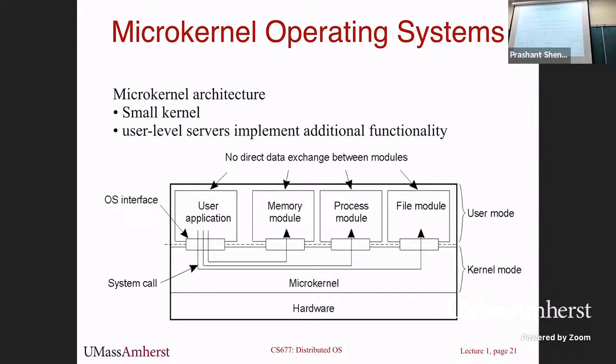Okay? Now, early versions of Windows essentially went from a monolithic architecture, okay, to a microkernel architecture. There was at one point something called Windows NT, which I don't know if any of you have even heard of, let alone used, but that was Microsoft's attempt to design Windows using a microkernel architecture. Okay? The earliest version of Mac OS X also used a microkernel architecture.